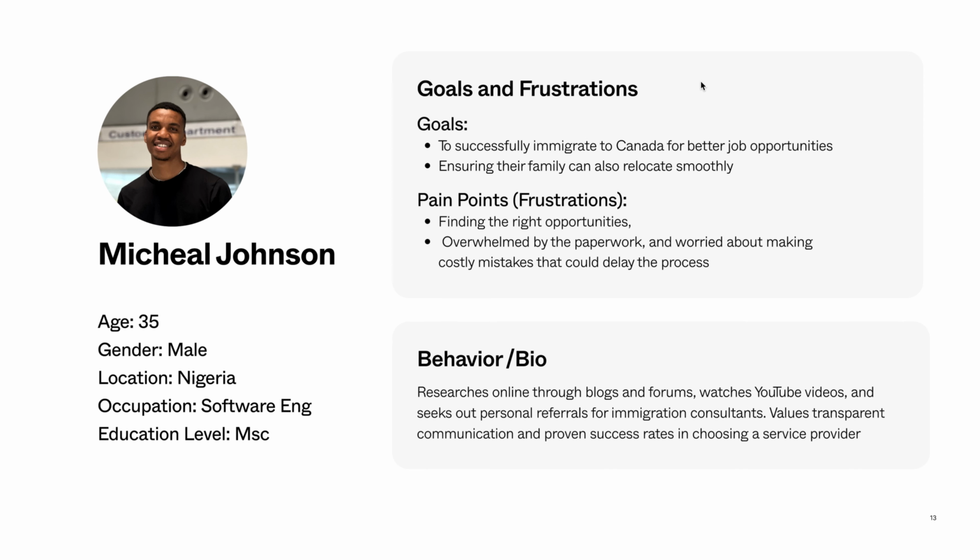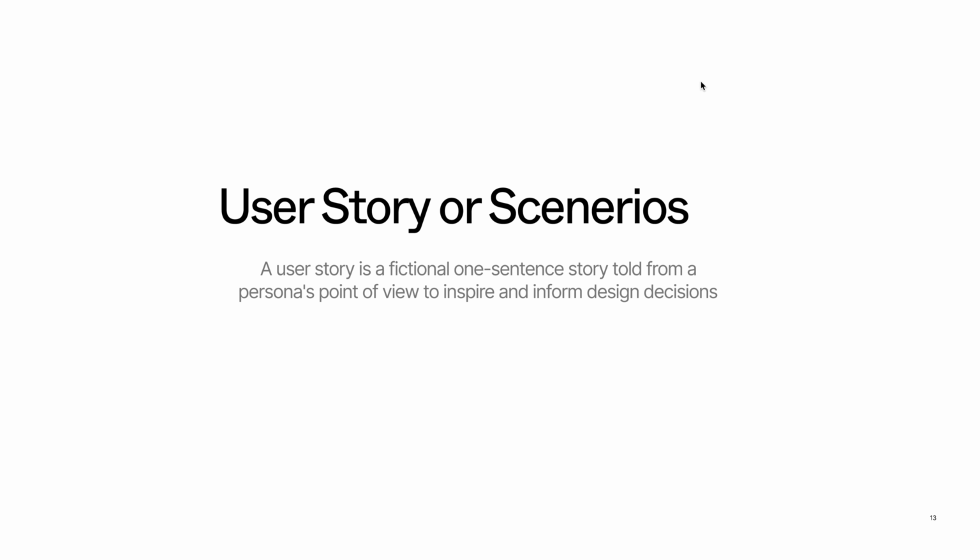It's good to have a random biography, but if your biography relates to the problem you're trying to solve, then it's going to give you more insights and make your user persona a lot more useful. So this is a typical example of a user persona, and this was gotten from some of the responses from our survey, right?